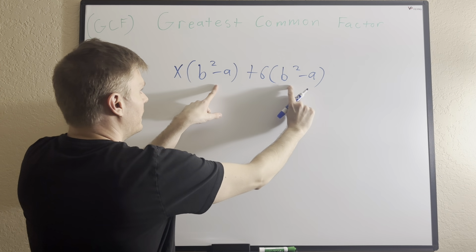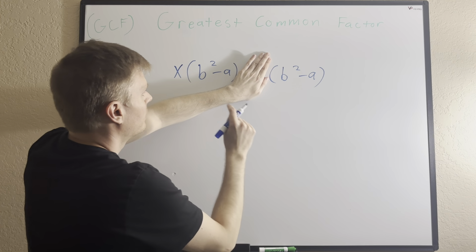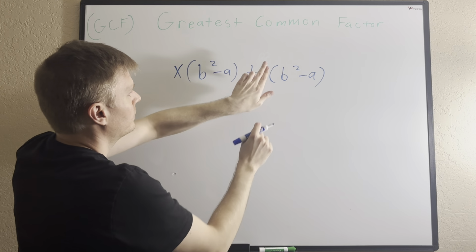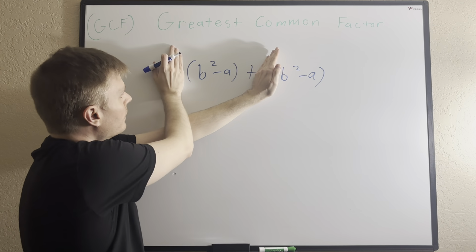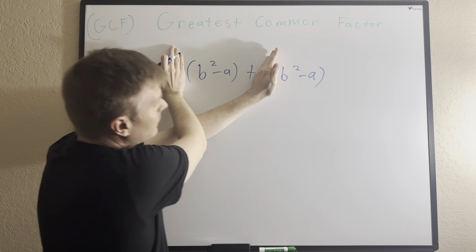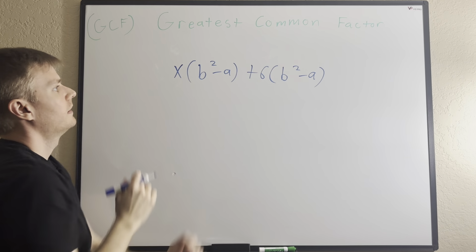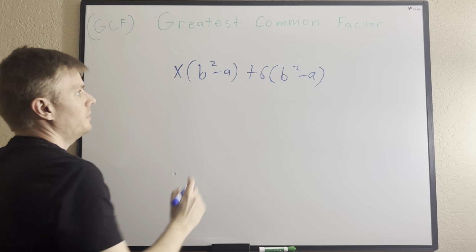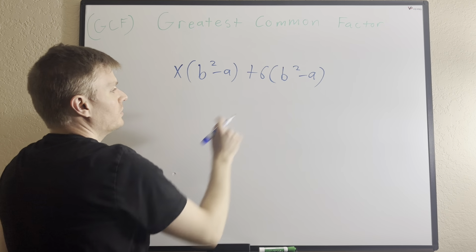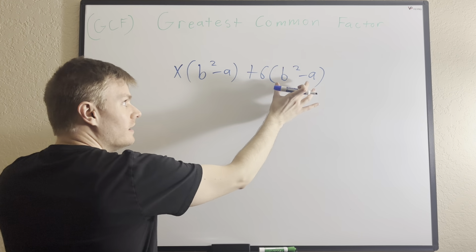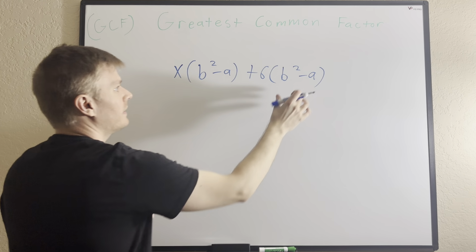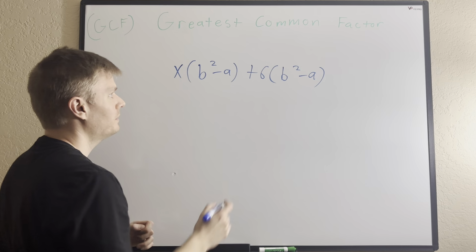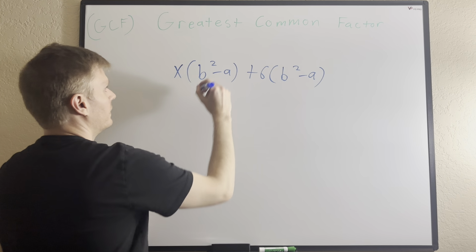Those are the same, aren't they? Take out those coefficients. So b squared minus a plus b squared minus a, right? So they're both being multiplied by the same thing. You can actually factor that out. That is the greatest common factor right there. Just take it out, just like we did with those numbers before.